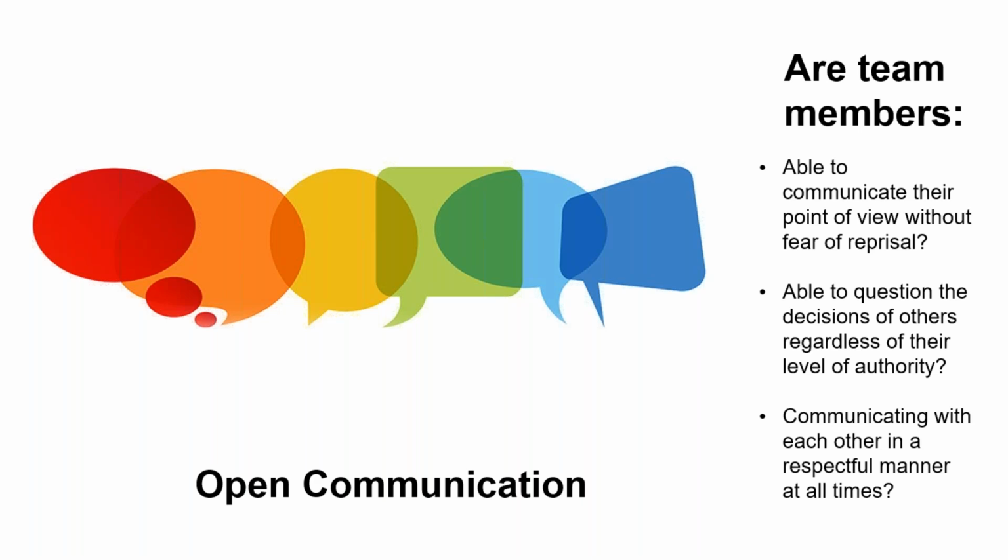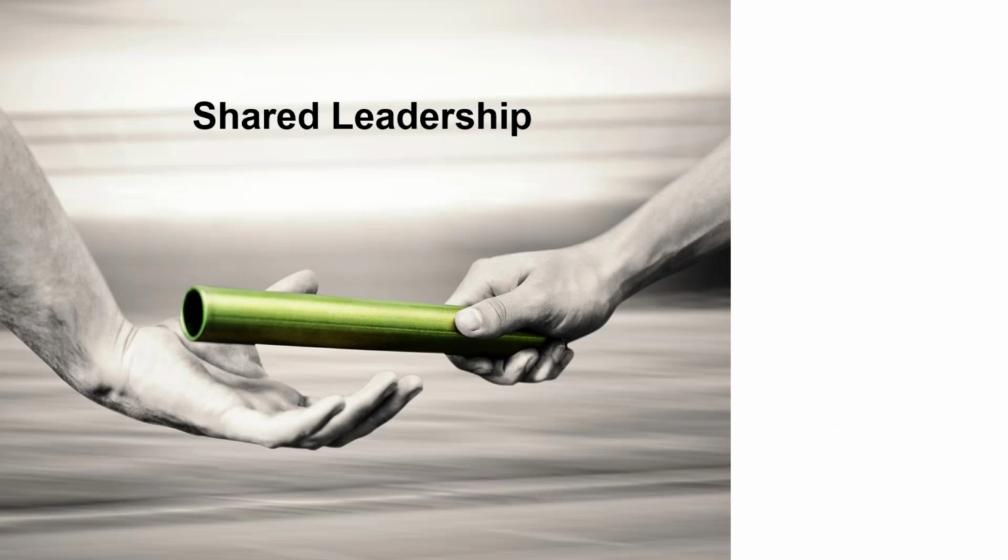Our ability to communicate within the hierarchy is critical. And our ability to communicate accurately in a timely manner is critical. So all of those components go into open communication and are essential to healthcare team performance.